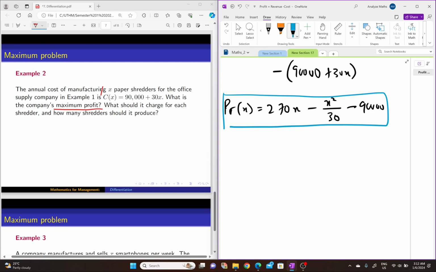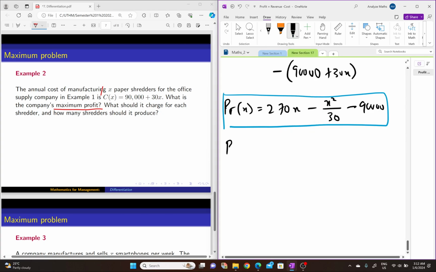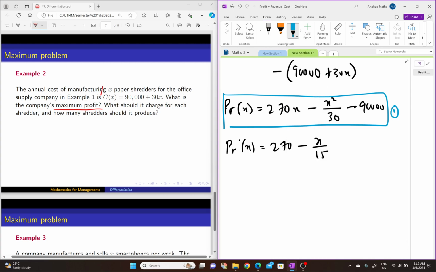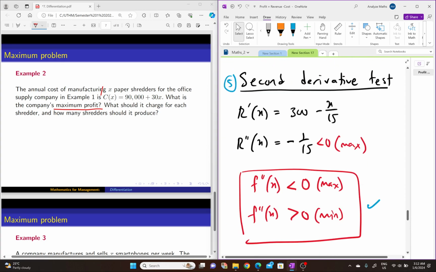How to find the x value? We differentiate this, and we get 270 minus x over 15. That is the first step. What is the second? Differentiate is second.